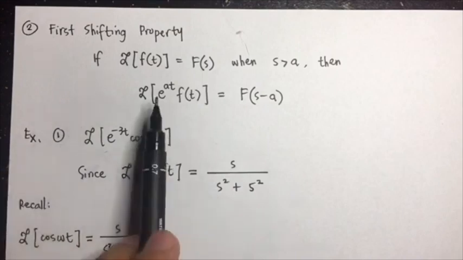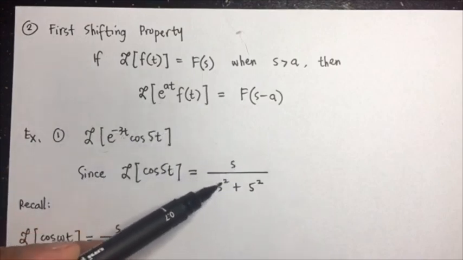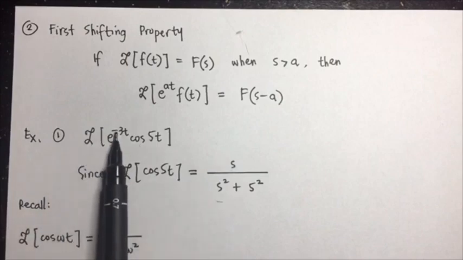Therefore, if we have a multiplier of e raised to negative 3t, all the s will be replaced by s minus negative 3.